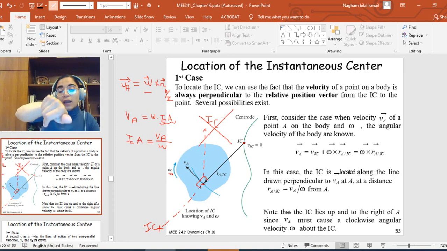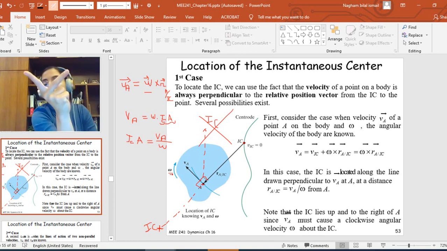I'm saying that RA with respect to IC is in this direction. What does this mean? I'm going to repeat: if this is omega and this is RA with respect to IC, V will be downward, which is not the case here. V is upward.